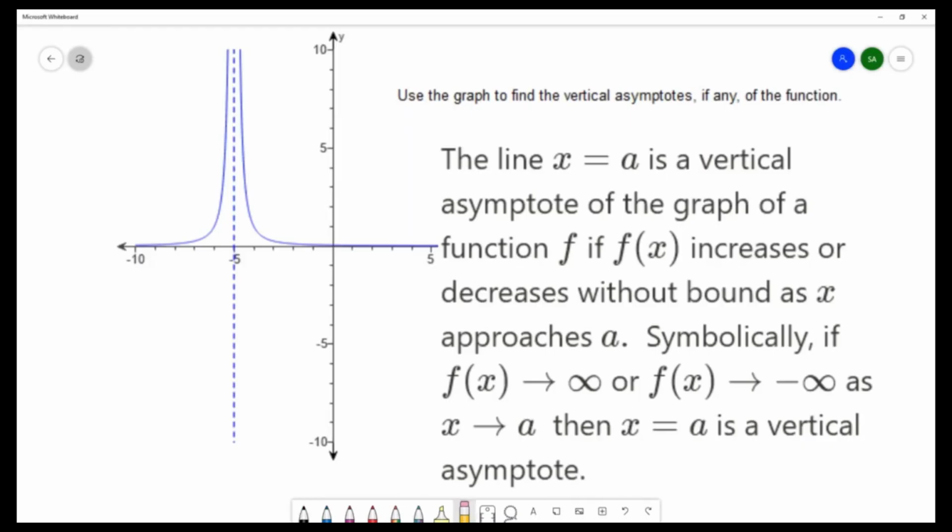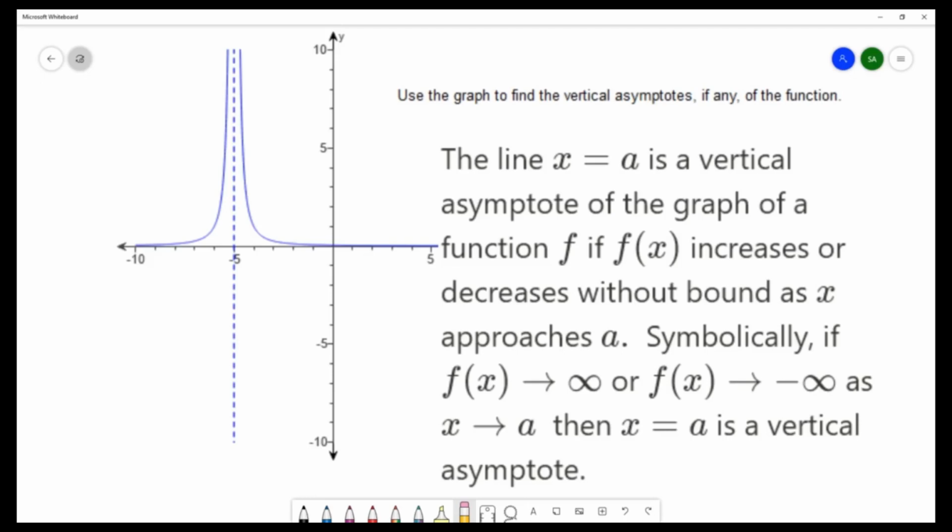On this question, we are given a graph that we see here on the left, and we want to use this graph to find the vertical asymptotes of the function. So what I did here is I pulled up from our notes the definition of the vertical asymptote.